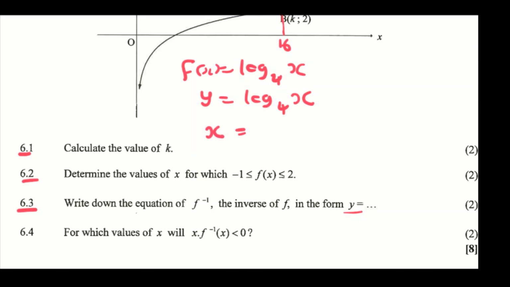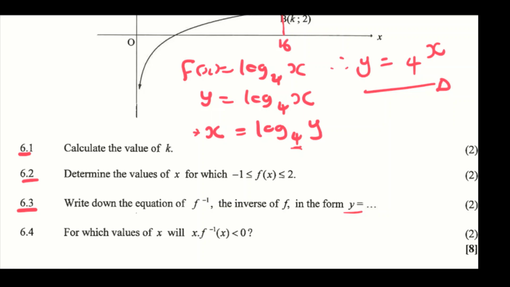So here will be x equals log base 4 of y, and then we can therefore say y is equal to, this is the base, so I'm just going to write the base, and the power is this x here, just going to write x. So this is the inverse, 4 to the power of x. So let me write this x properly, to the power of x. So that is the inverse of the graph.